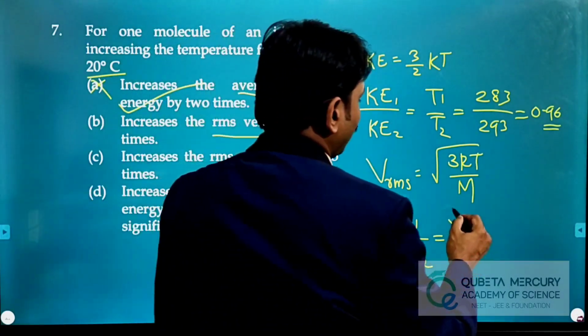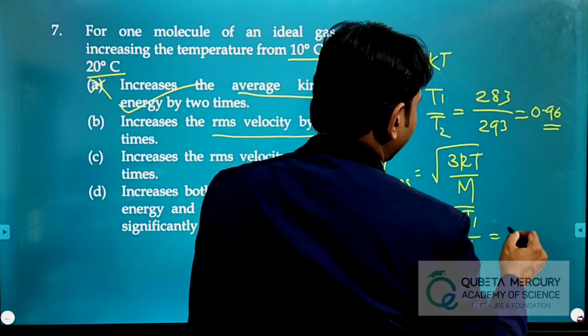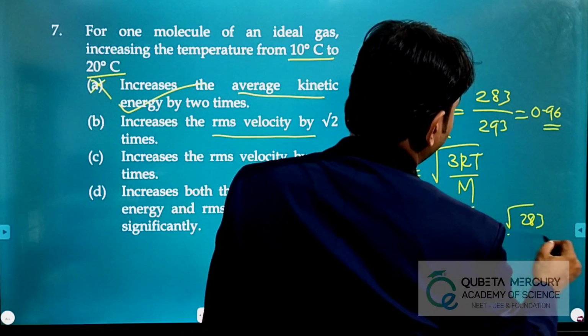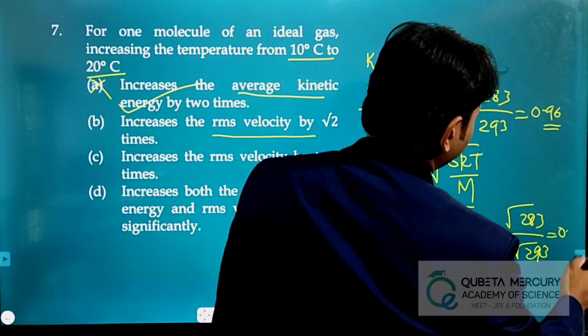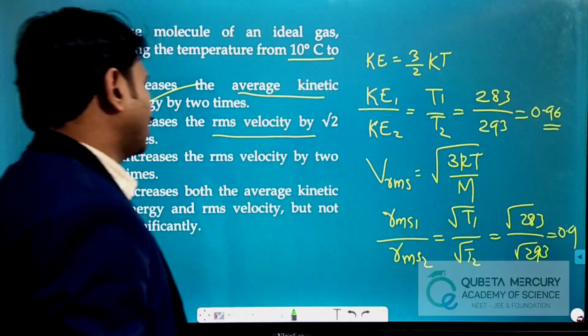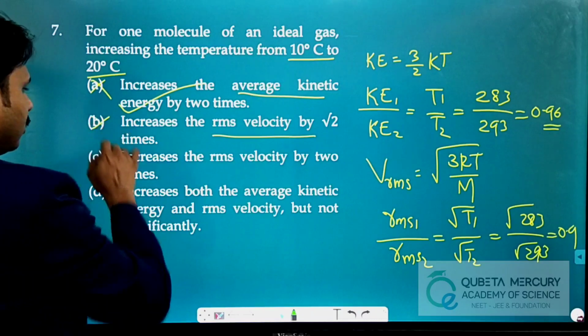So this will be √T1 by √T2, that's √283 divided by √293. The answer will be close to 0.9-something. So that also says that increasing the RMS velocity by √2 times is the wrong one.